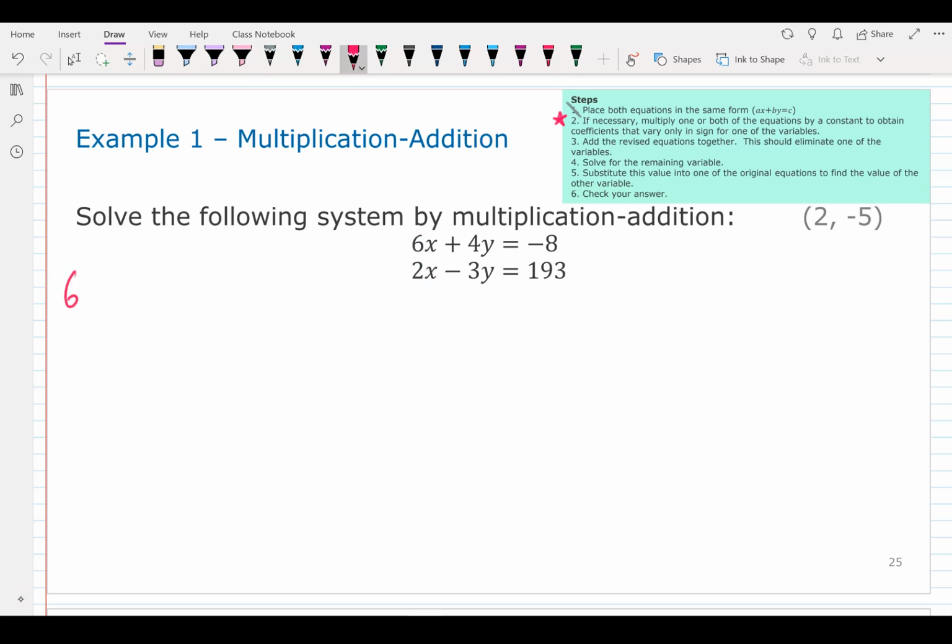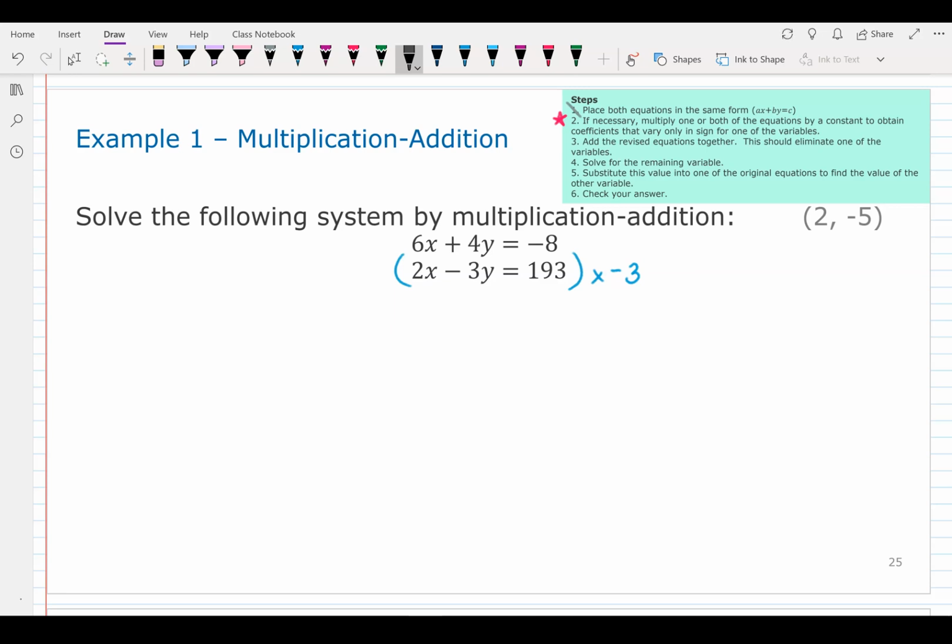What I mean by that is if you have 2 and you want to make it into a 6, all you need to do is multiply it by negative 3, correct? 2 times negative 3 is 6. And why that's important is if we were to take the entire second row here and multiply it by negative 3, what it will do is it'll allow us to cancel out the x values very easily.